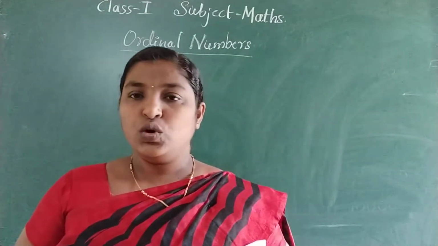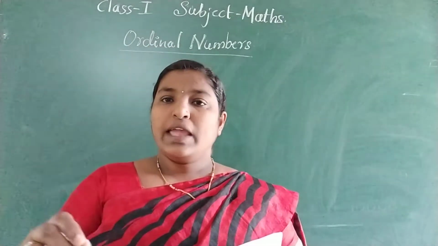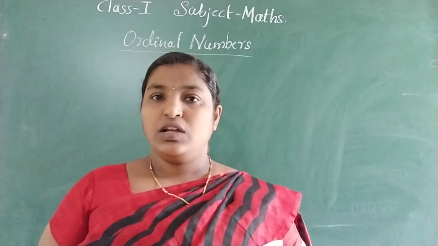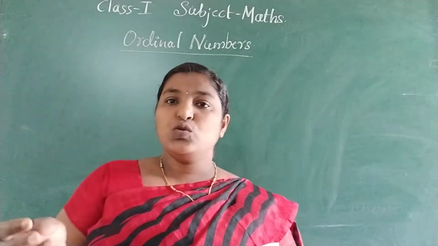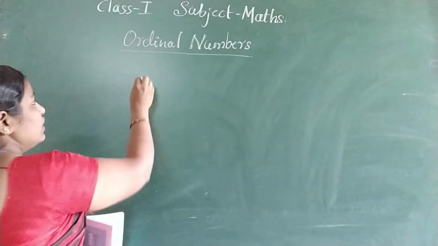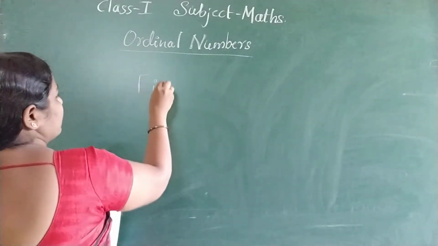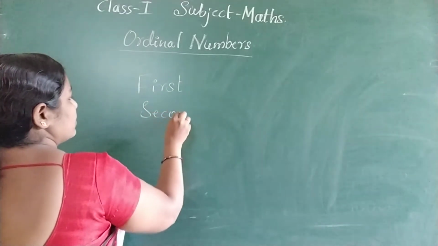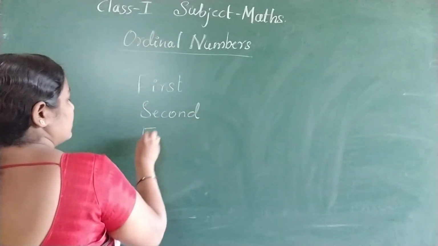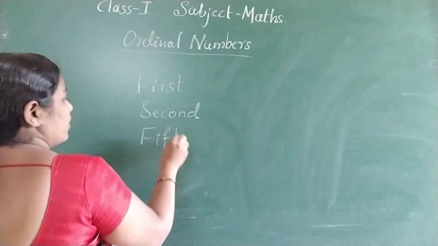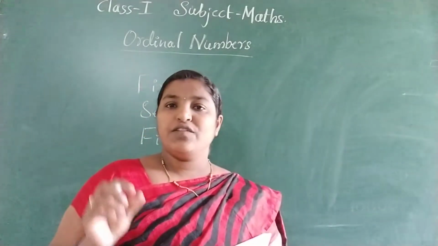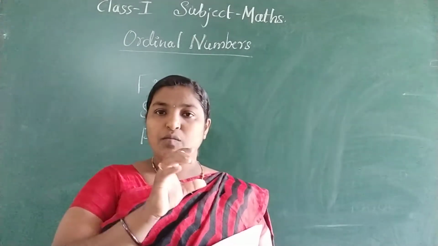In a zoo, the tiger is in 5th place. Okay, like that we will use first, second, fifth. Instead of some numbers, we will use some words.